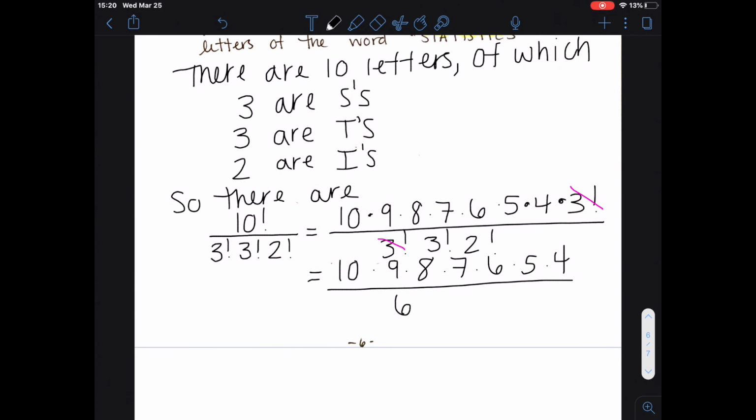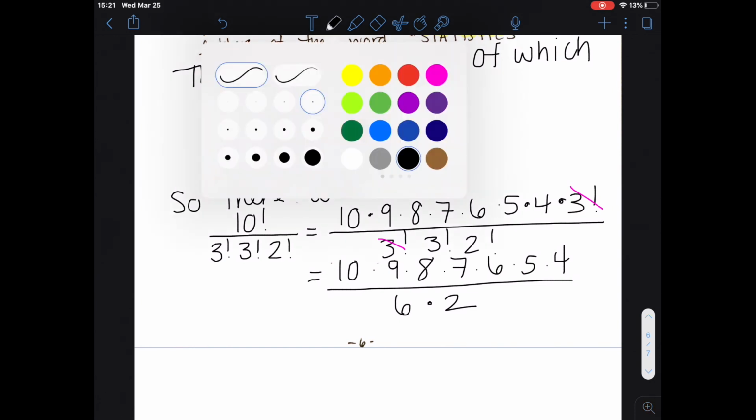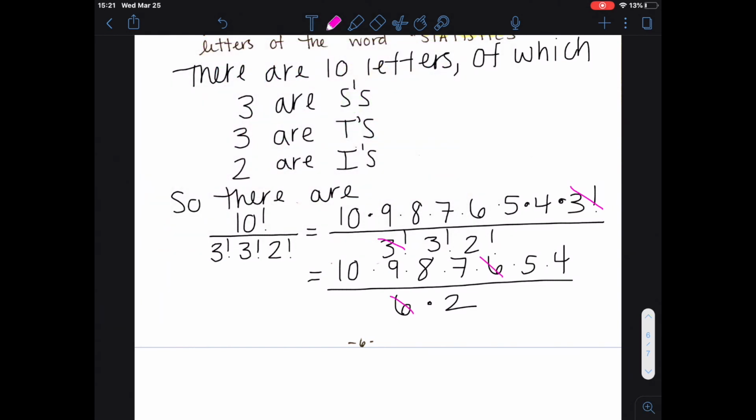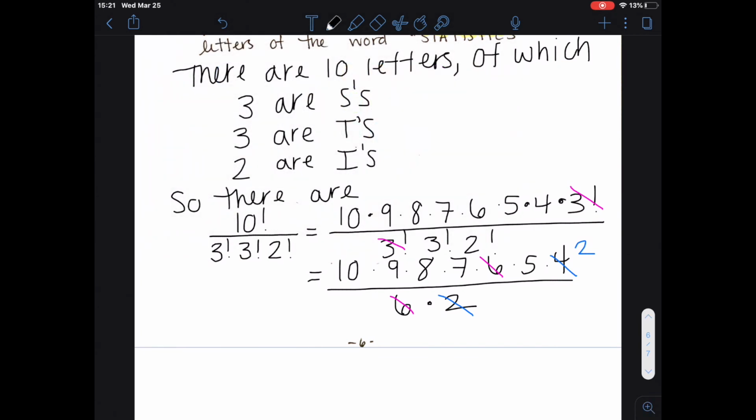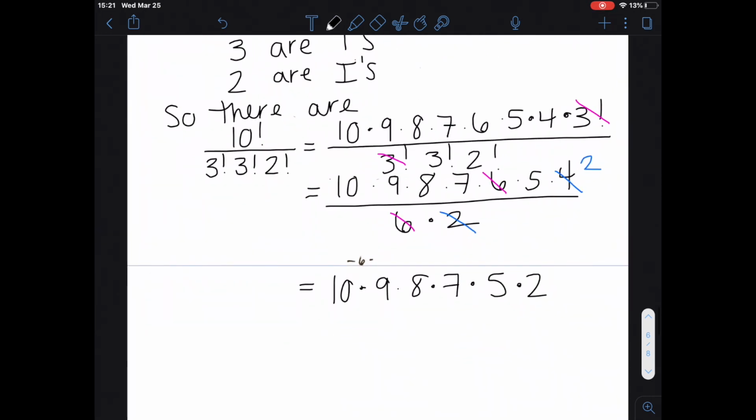Well, 3 factorial is 6. 2 factorial is 2 times 1, it's just 2. So we actually have the 6's cancel. And then the 2 goes into the 4 2 times. So the number of ways we can permute these letters is 10 times 9 times 8 times 7 times 5 times 2. So there is 50,400 ways to arrange the letters.